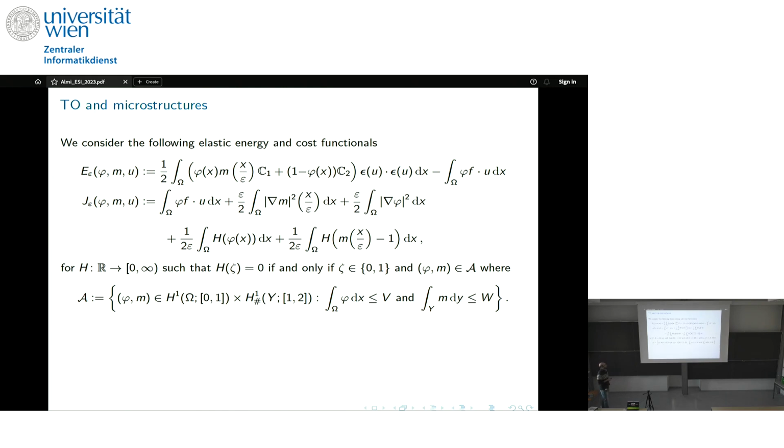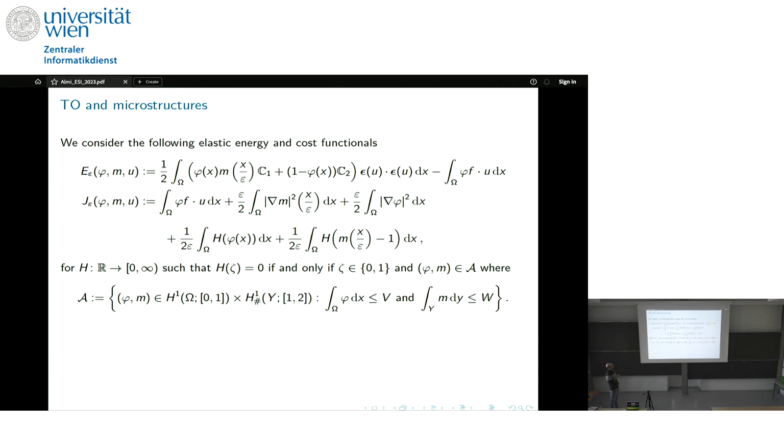So it's a phase field approach, which means that phi and M are both H1 functions. So here for simplicity, phi is the distribution of the material, so it's exactly behaving as I said before. And here M is a sort of reinforcement, so it's not taking values in 0, 1, you choose that it takes values in 1, 2, for instance. But it behaves exactly in the same way.